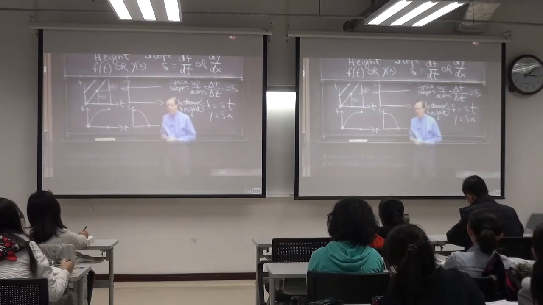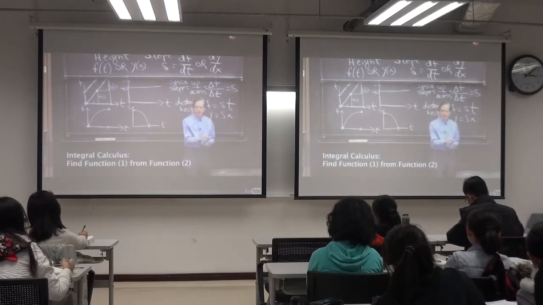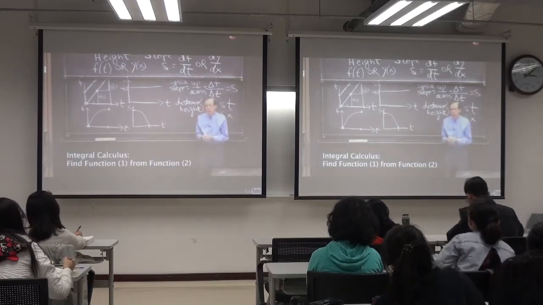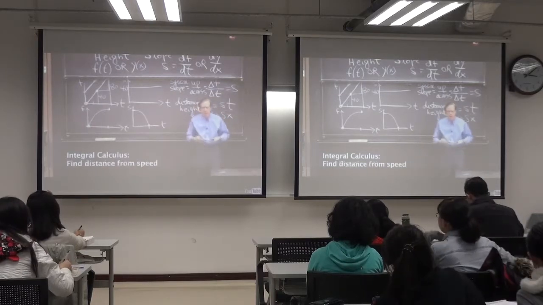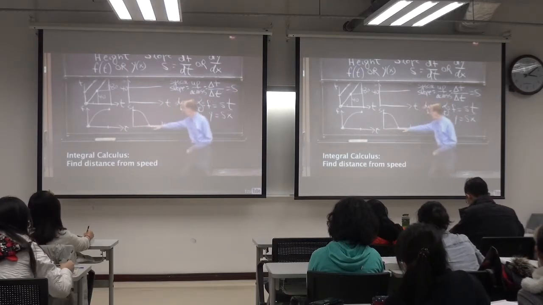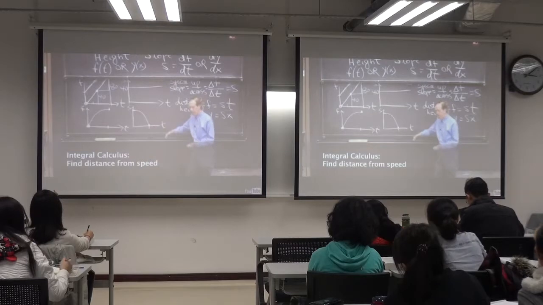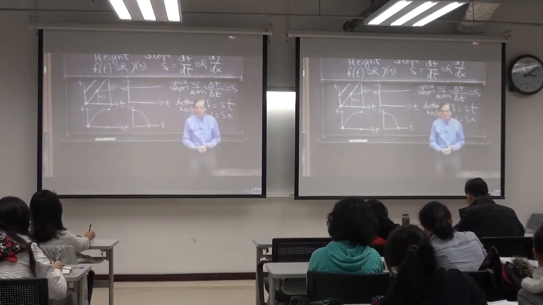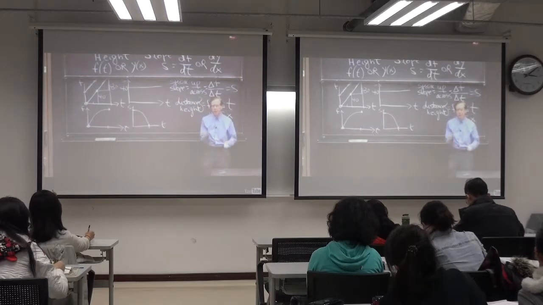Finding the speed. Going the other direction is called integral calculus. The step is called integration. When you take the speed over that period of time and you recover the distance. So it's differential calculus in one direction, integral calculus in the other.